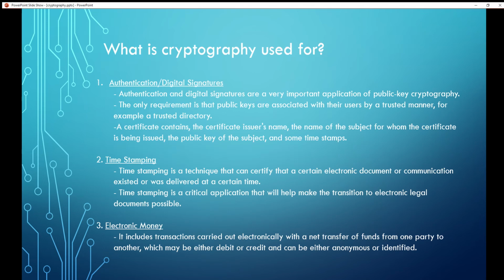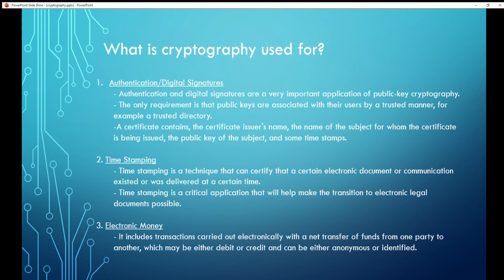What is cryptography used for? Authentication and digital signatures. Authentication and digital signatures are a very important application of public key cryptography.